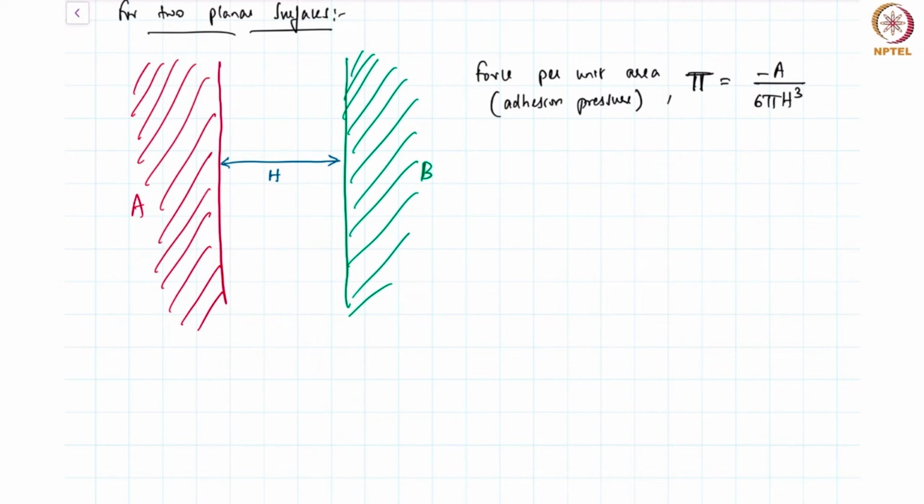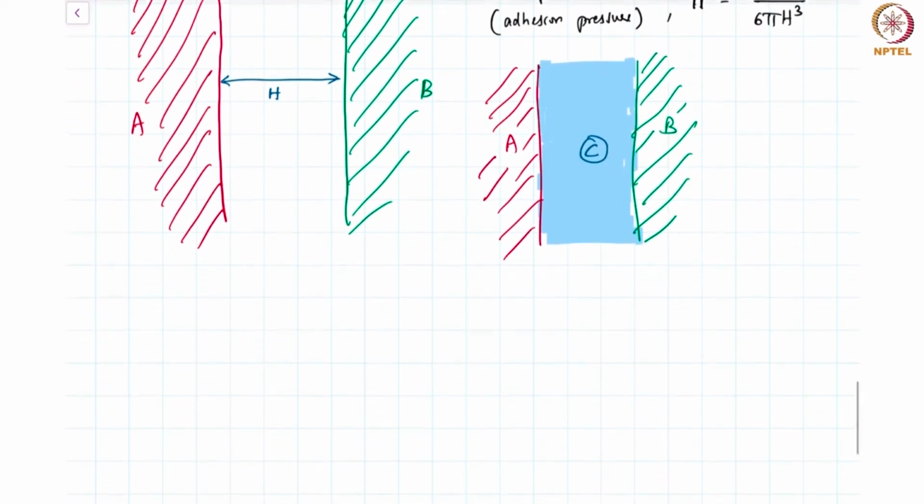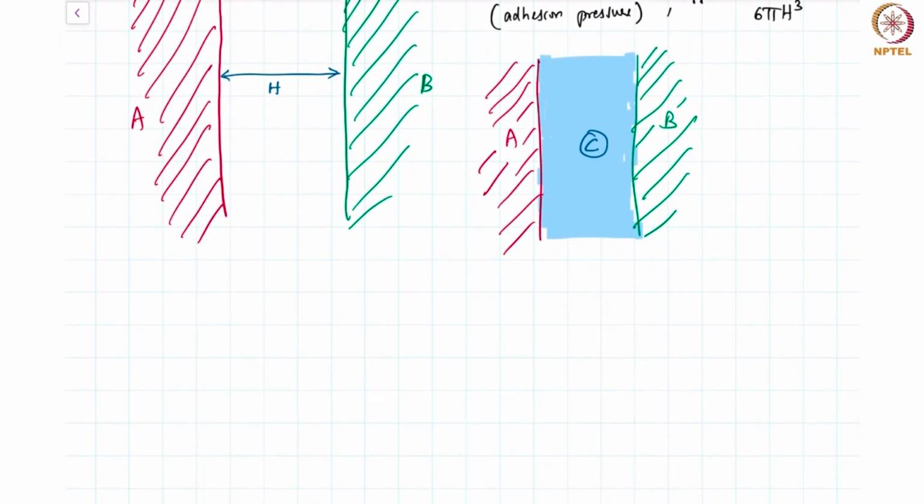Now instead you could also have a situation where you have material A interacting with a material B mediated by another medium, we'll call it C. In this case, the formula will remain exactly the same.